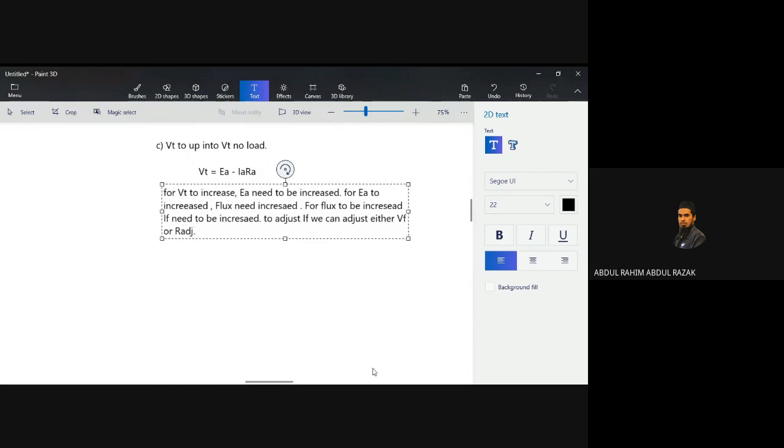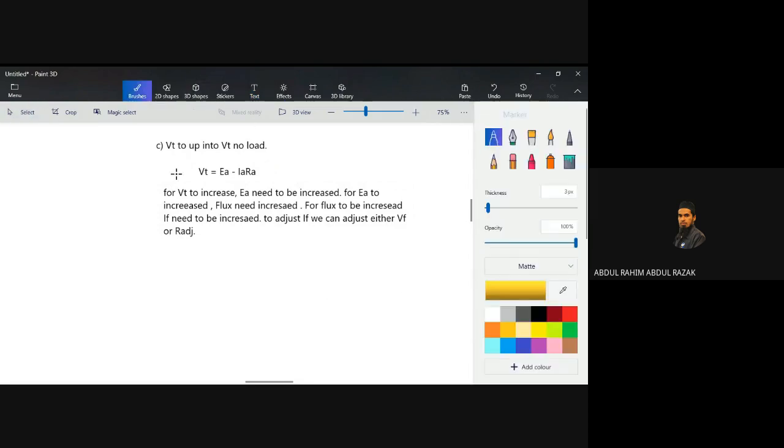And so you can write the theory, or you can put it in notation, and that is also fine. Means that if you want to increase VT, see here, maybe you have to increase EA, katakan. Ini notation lah.